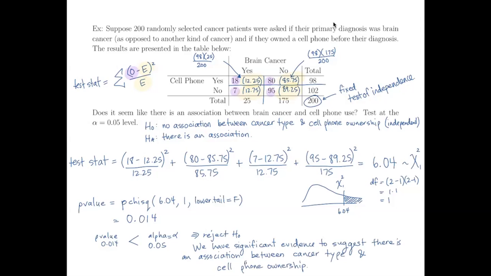One thing I want to touch on specifically is that, yes, there is absolutely an association or a correlation between these two variables. Association or correlation does not mean causation. It might, but it doesn't necessarily mean that. So we cannot say here that cell phone use causes brain cancer.